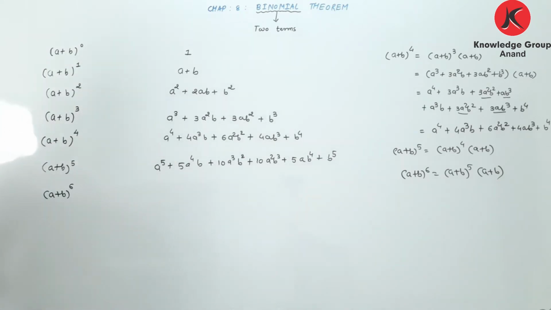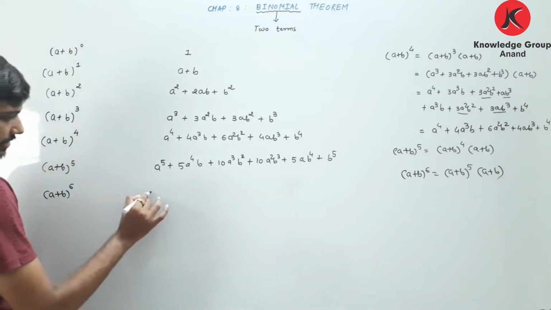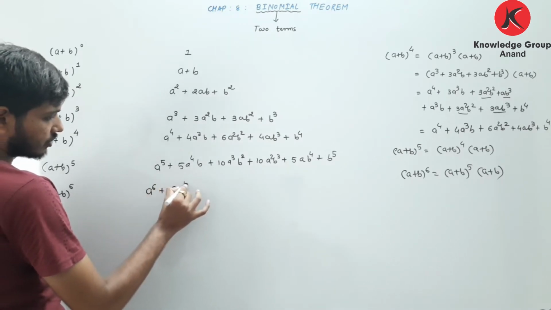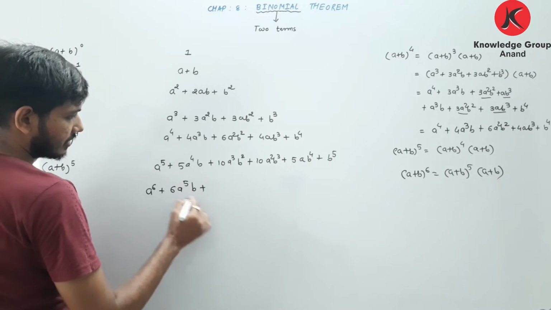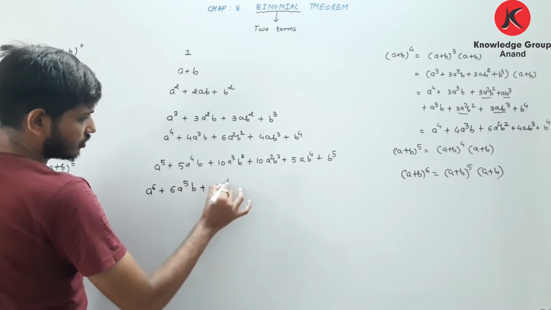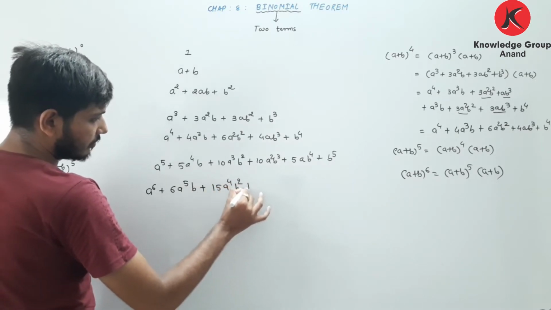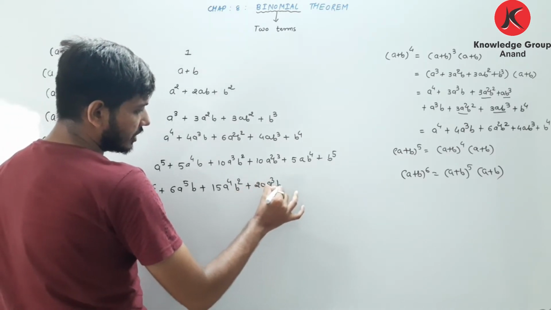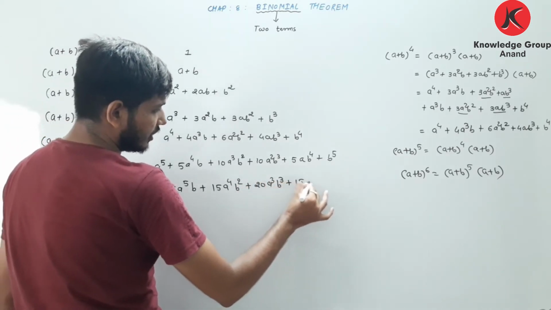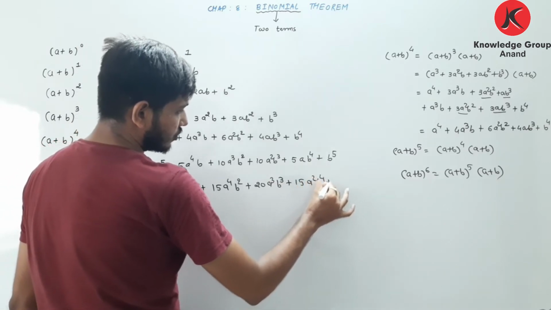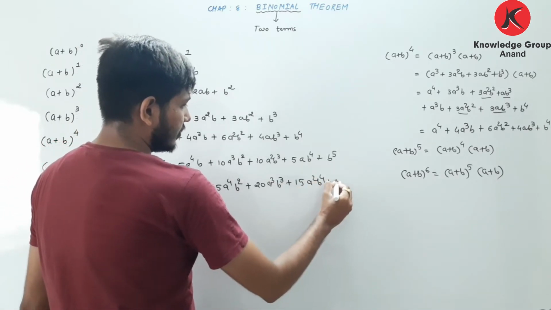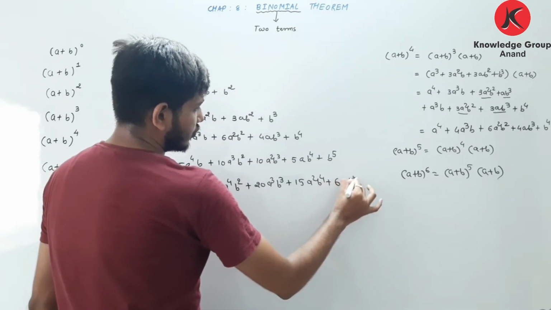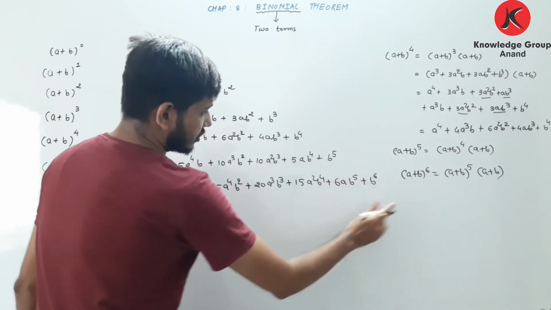Then you will get the direct answer. Direct answer is a raised to 6 plus 6 a raised to 5b plus 15 a raised to 4b square plus 20 a cube b cube plus 15 a square b raised to 4 plus 6 a b raised to 5 and plus b raised to 6.